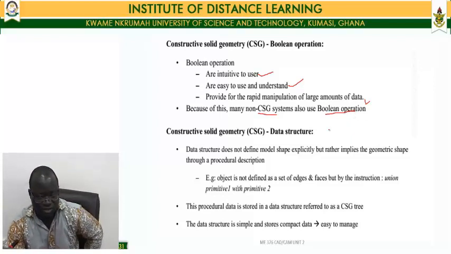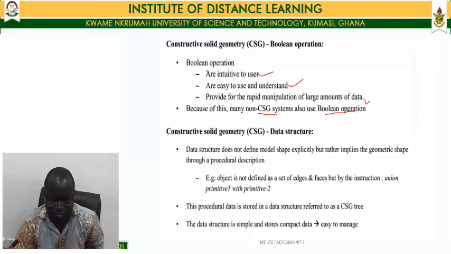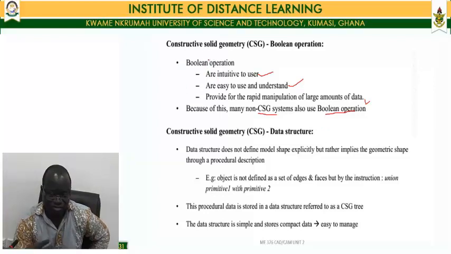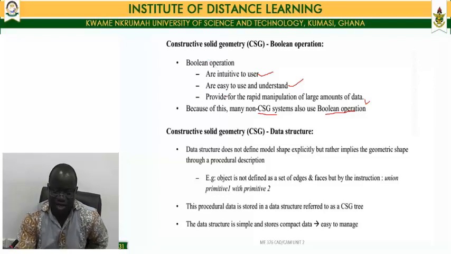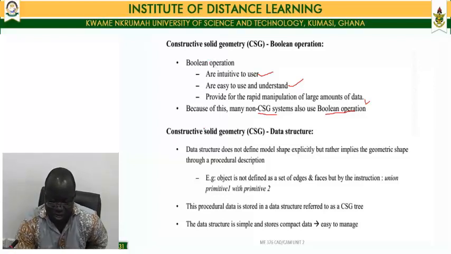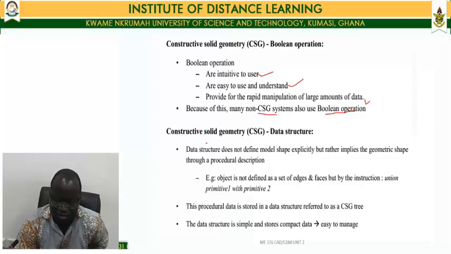Now, in constructive solid geometry, what you will see is that this geometry has a data structure. The data structure that we have in constructive solid geometry does not define the model shape, but rather it implies the geometric shape through the procedure description.